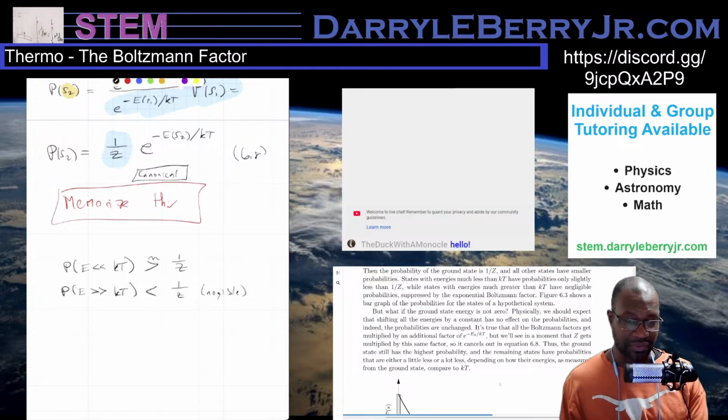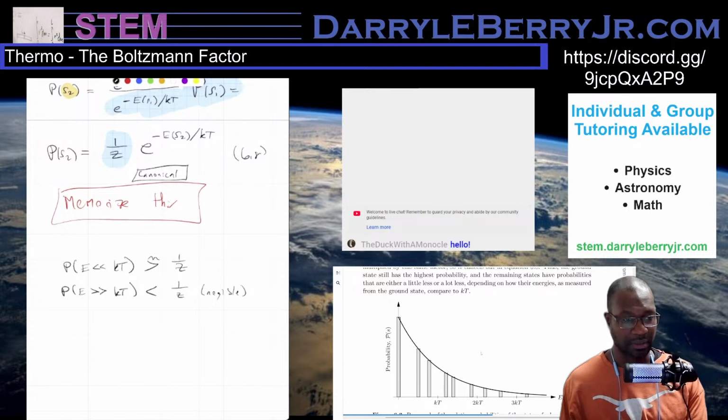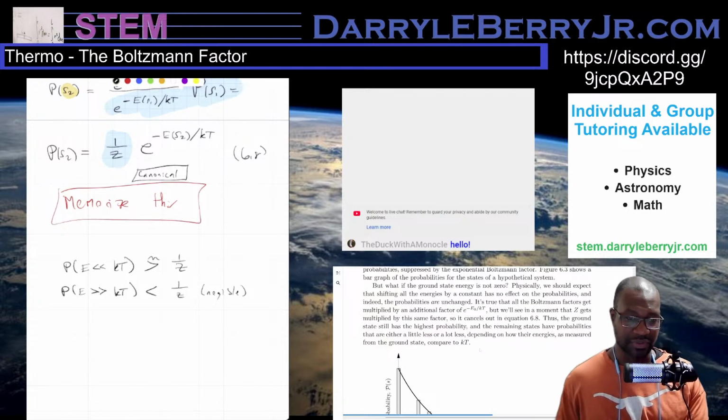But what if the ground state energy is not zero? Physically, we should expect that shifting all the energies by a constant has no effect on the probabilities, and indeed the probabilities are unchanged.